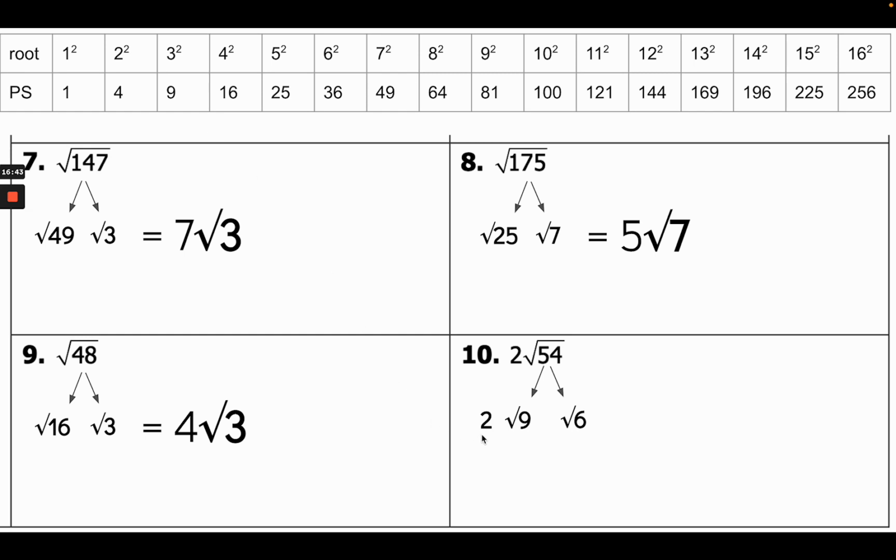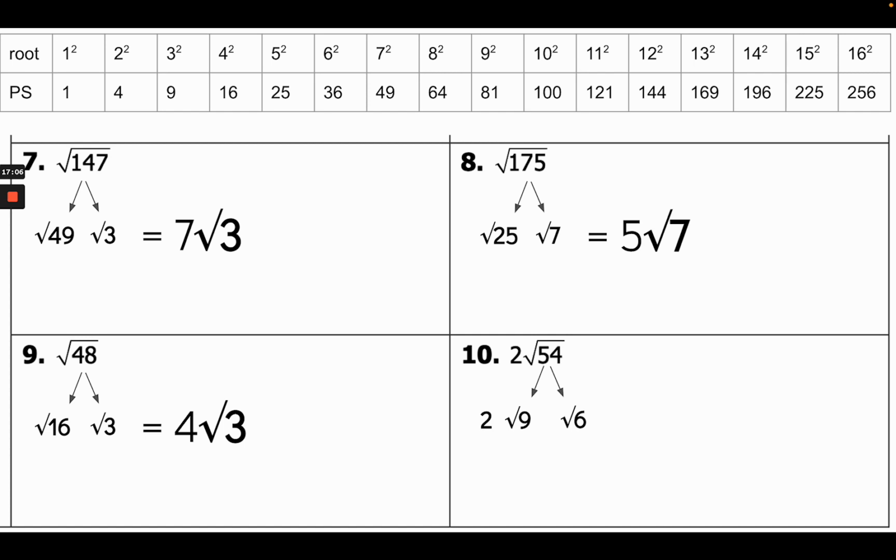Here, what it says is 2 times root 9 times root 6. When we have all these numbers together, they're really multiplied together, and an easy way to make sure that you're not messing up is to put parentheses around them. So we know that it says 2 times root 9 times root 6.